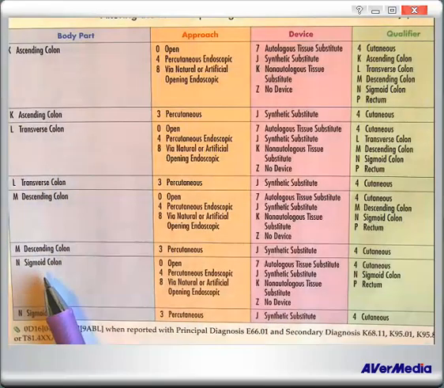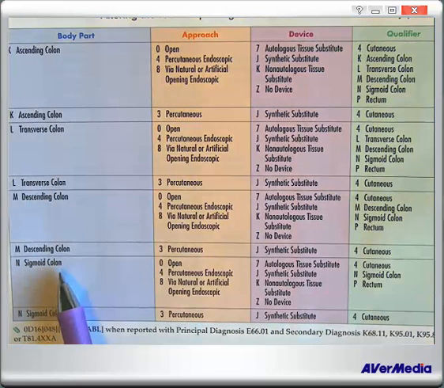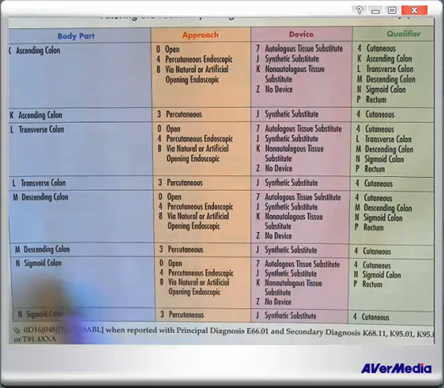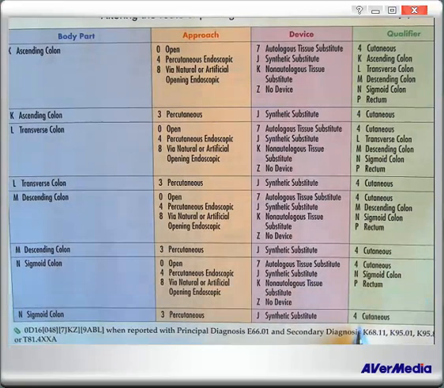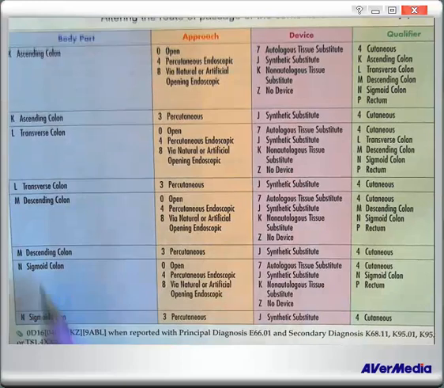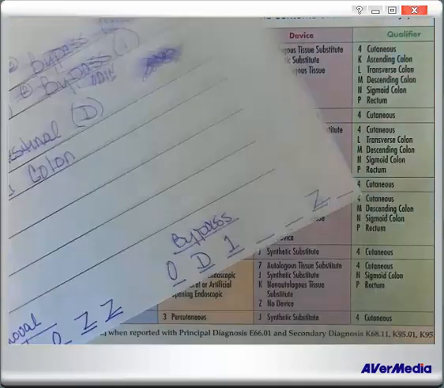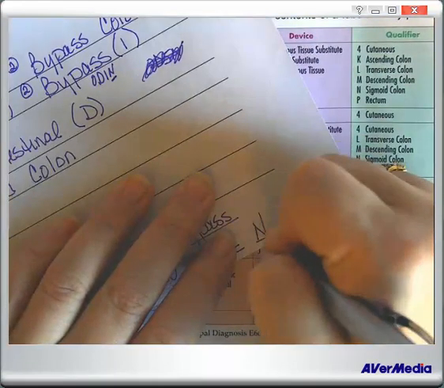Transverse. Sigmoid. Now, it's important to pay attention, we have 2 rows that start with sigmoid. And once you start in a row, what's the rule? You stay in that row. You can't look here and then pick one from here and then pick one from here. You have to stay in that row. All right? So if we look at this, N does appear to be the correct character.